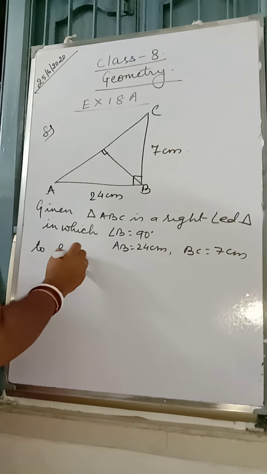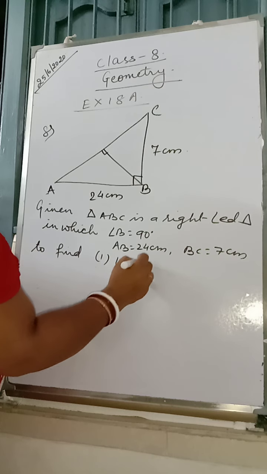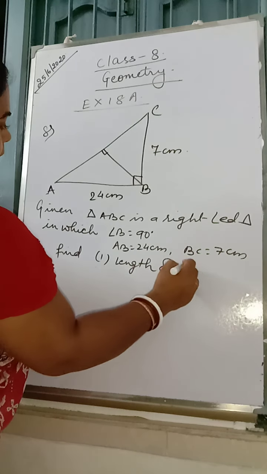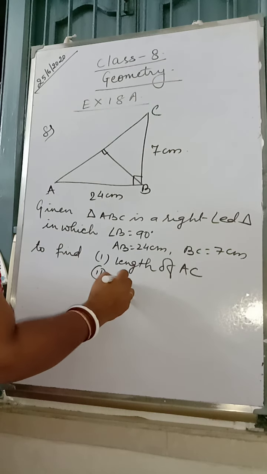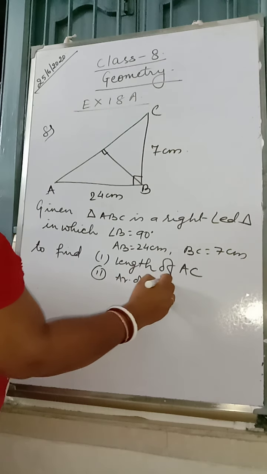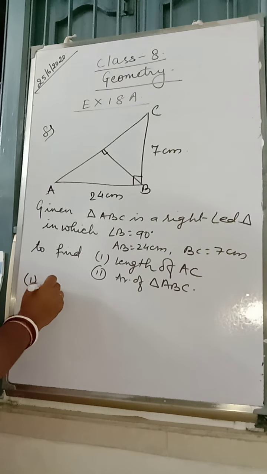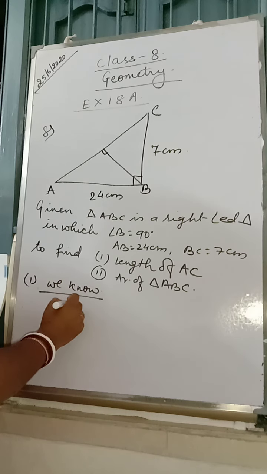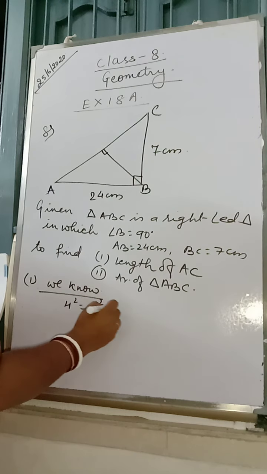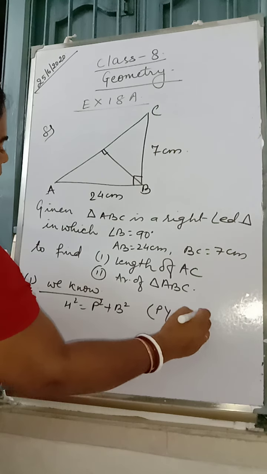To find: one, length of AC, and second, area of triangle ABC. First one, we know h square is equal to p square plus b square according to Pythagoras theorem.